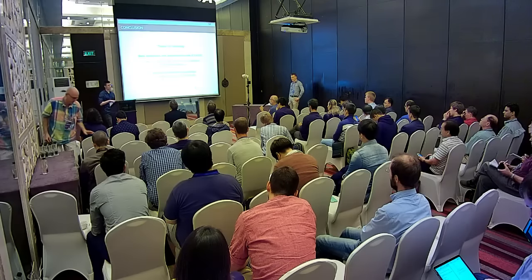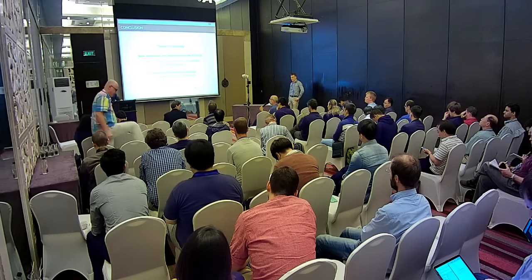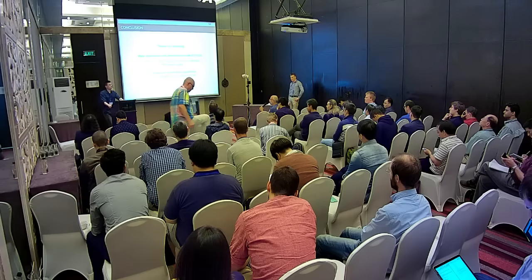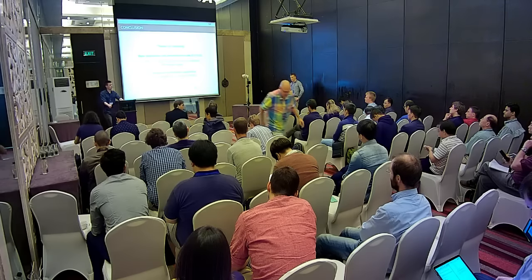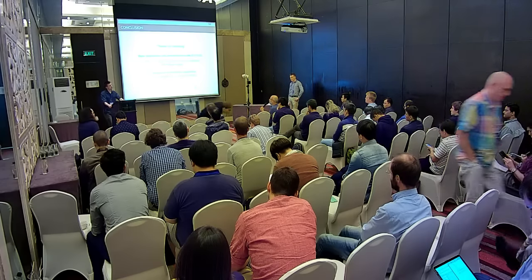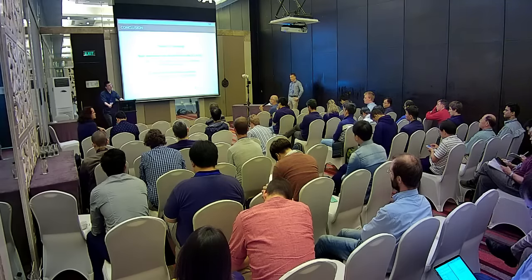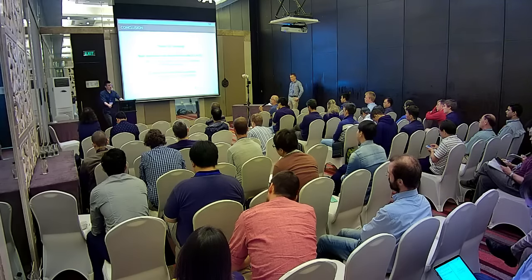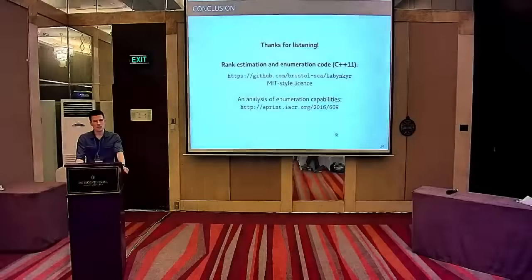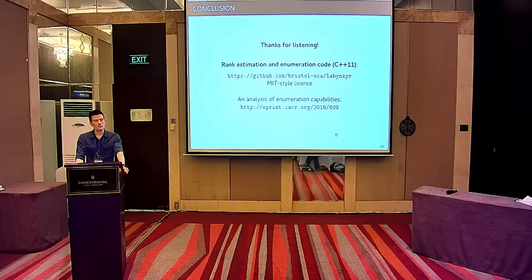Could you devise a better algorithm for doing ranking if you have a ranking over the key bits in one order and the ranking over the key bits in another order? You see what I mean? So essentially there's a structure that you can exploit given the algorithm you're targeting. For example, in DES, the first subkey and the last subkey are just permutations of each other. Yeah, that would be interesting, but I've never tried, yeah.